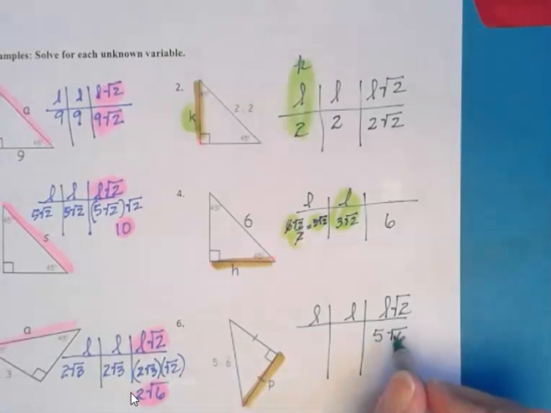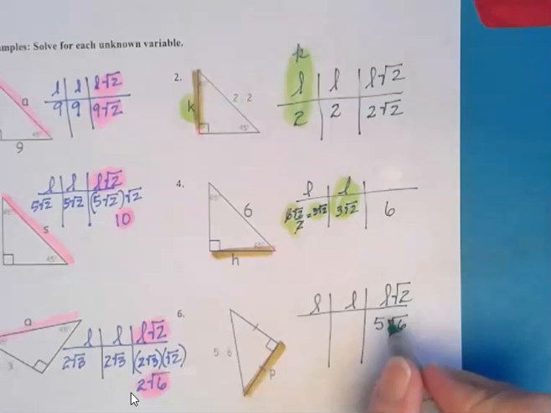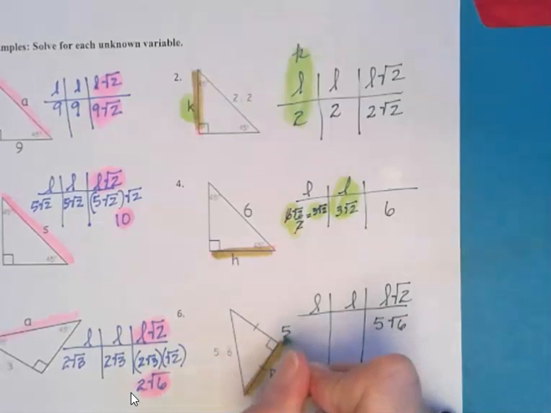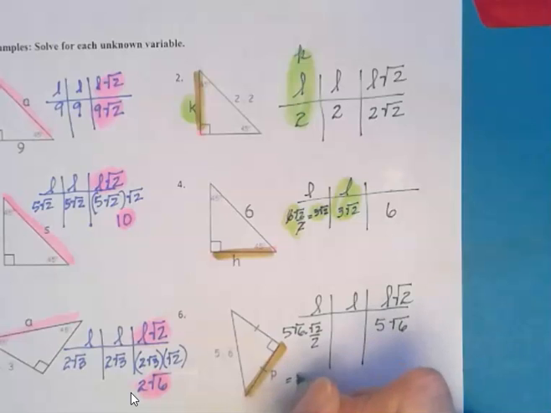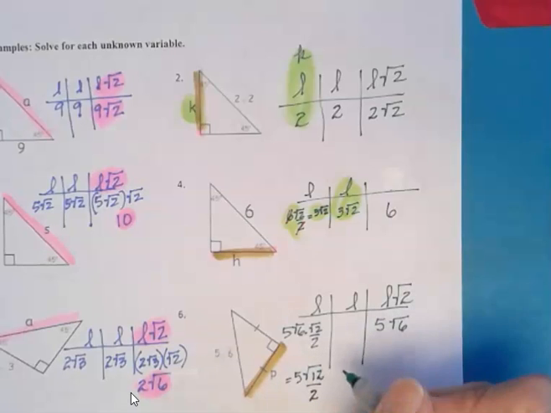Same here. Let's take the shortcut. Remember, square root of 2 over 2 is key. So let's go 5 square root of 6 times square root of 2 over 2. That's going to equal 5 times the square root of 12 over 2.